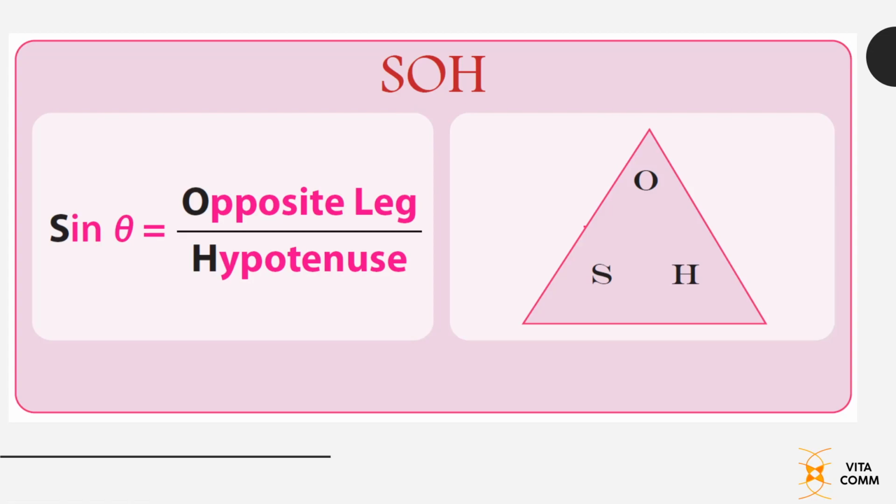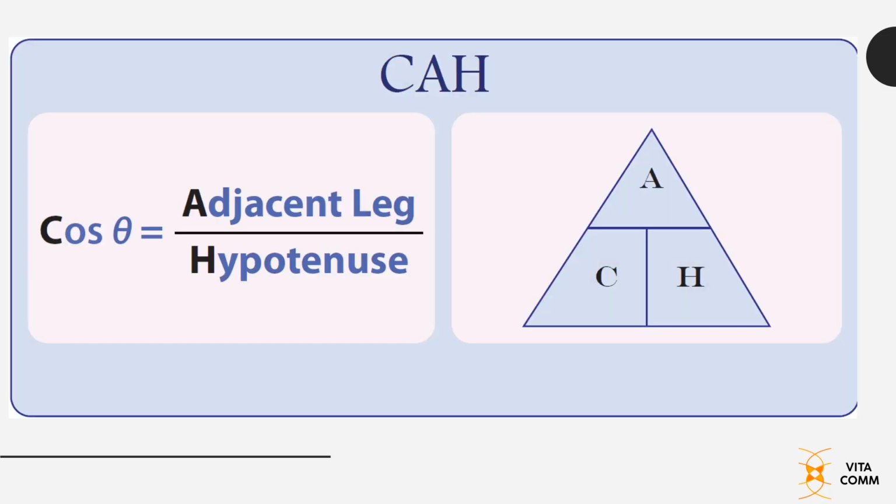Take a minute, take that in, pause if you need to, let's move on. So, now we're dealing with CAH. It's again an acronym, it has the same logic. You start with the trigonometric ratio that you're interested in. In this case, it's cos of an angle, and then cos of that angle equals its adjacent, A, over its hypotenuse, H. Again in that order, it's CAH.